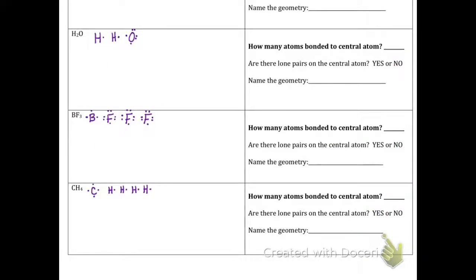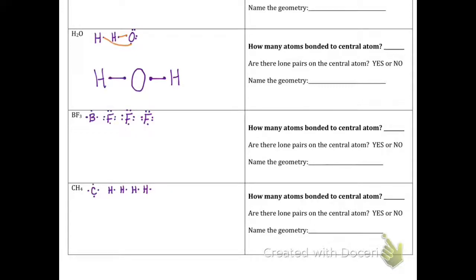Hydrogen each have 1, oxygen has 6. So if I were to pair them up, then it would be here and here. There's only 1 oxygen, so I'm going to keep oxygen in the middle. And that means it's going to share with this hydrogen and share with this hydrogen.